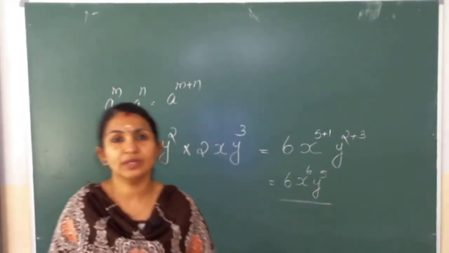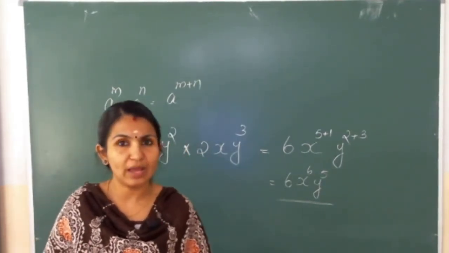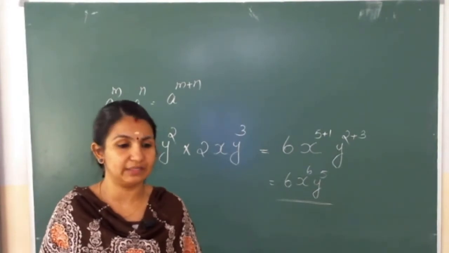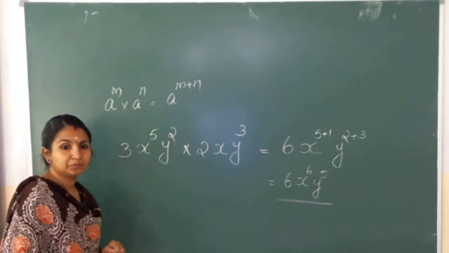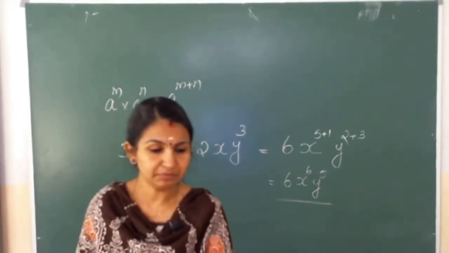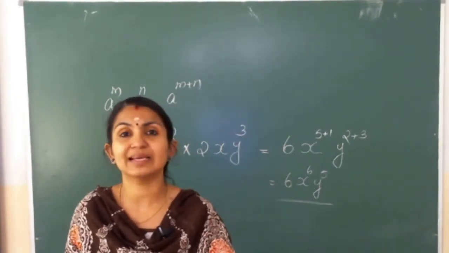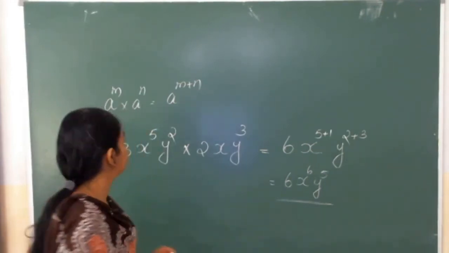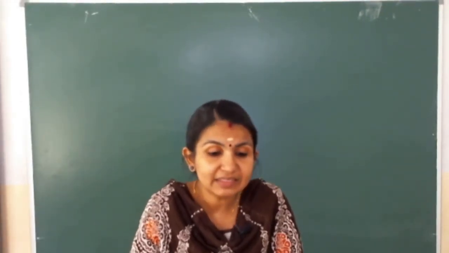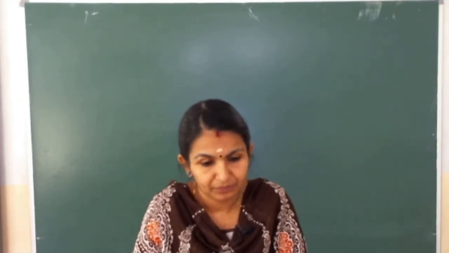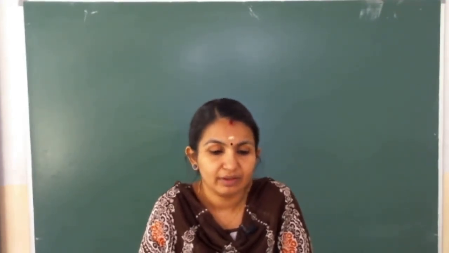I hope this one is clear to you, and in the last class we already did these problems. So shall we move towards the problem side? Exercise problems we will do. Exercise 19C, from that second section, 8th one.